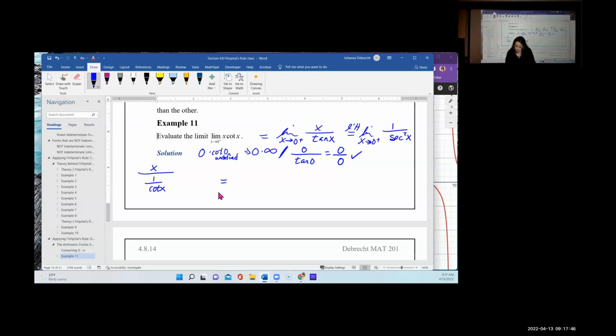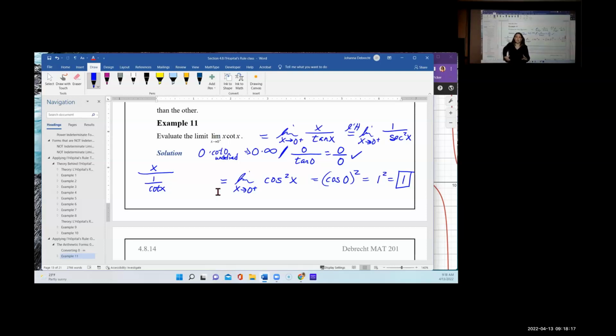So I'm going to go ahead and rewrite it again using cosine. So this is going to give me the limit as x approaches 0 from the right of cosine squared of x. Now I'm going to plug it in again. And remember that this means that you have the cosine of 0 quantity squared. Cosine of 0 is 1, so I have 1 squared, which leads to the result of 1, right?